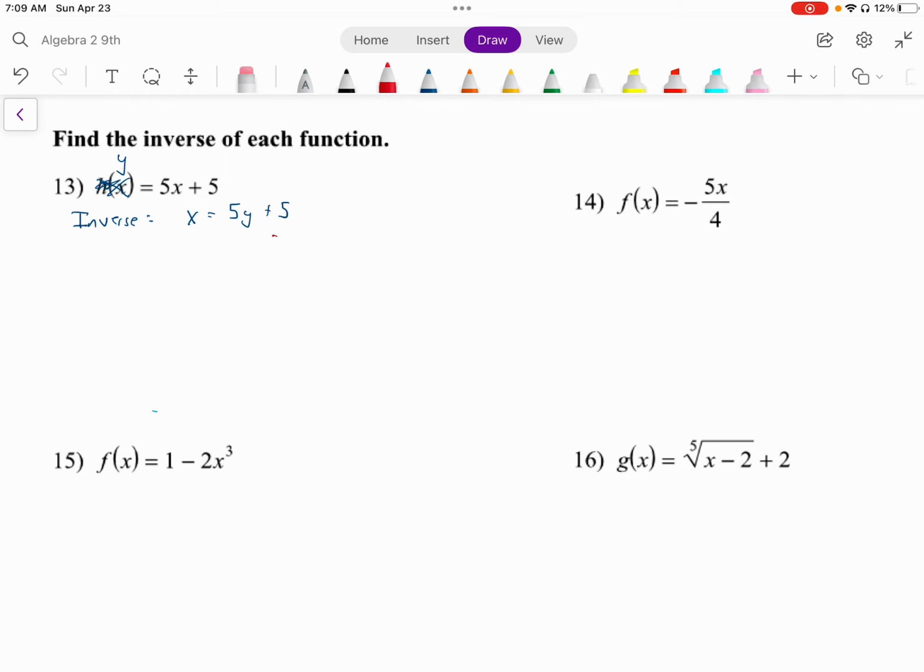So we subtract 5 from both sides. And then we divide both sides by 5. When we divide both sides by 5, we can divide each term by 5. And so we can write this as 1/5 x minus 1 equals y, or y equals 1/5 x minus 1.